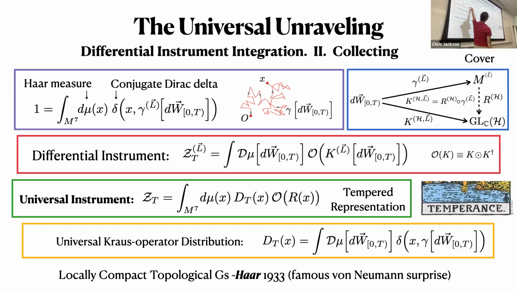If you plug this into that, then you can put together all of the Wiener paths that give you the same Krauss operator. That's all we're doing. So in that case, we have a sum over possible values of the Krauss operator, the selective operation, times this new object that I call the Krauss operator density.